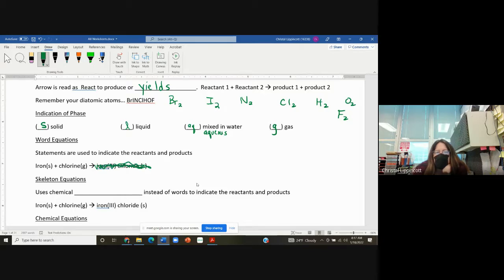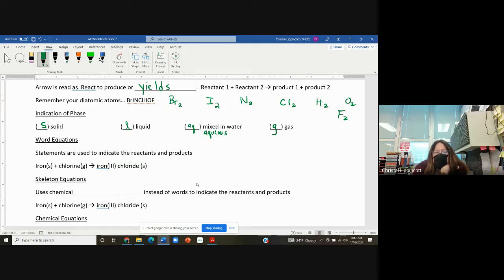You have to know what's going to happen when these 2 things come together, and I'm going to show you how to do that too. So these word statements are going to be used to indicate the reactants and products. We have our phases on here. We don't always put phases on, so don't expect that as a hard and fast rule.